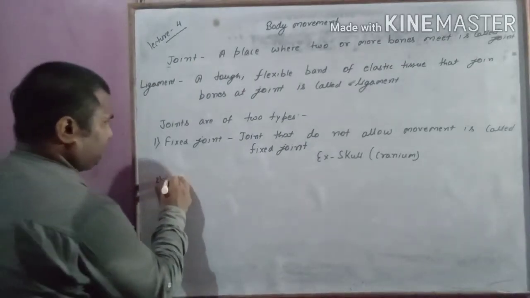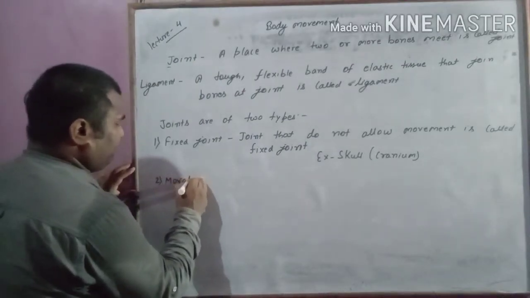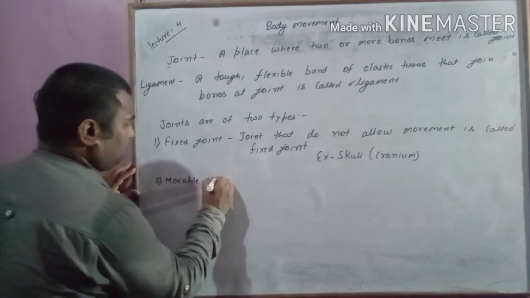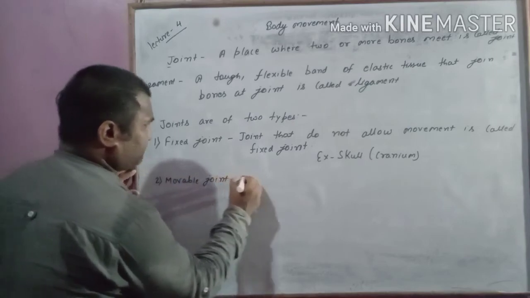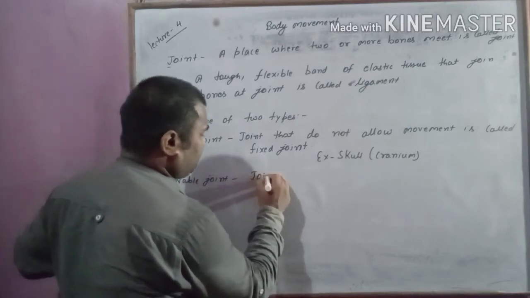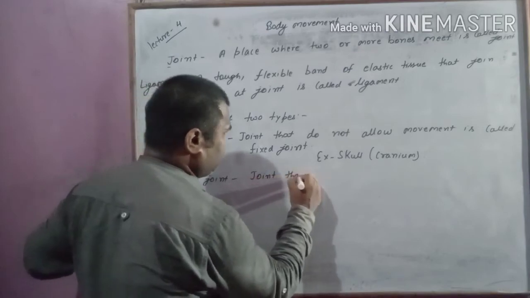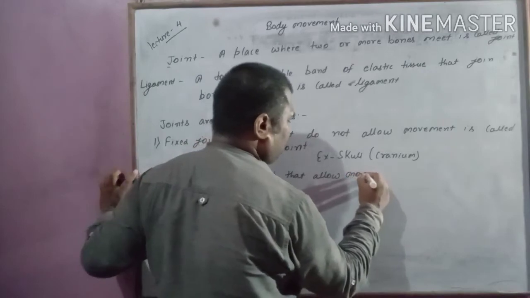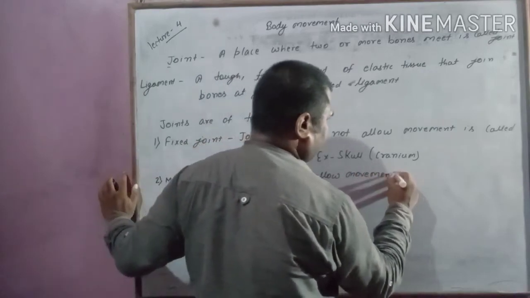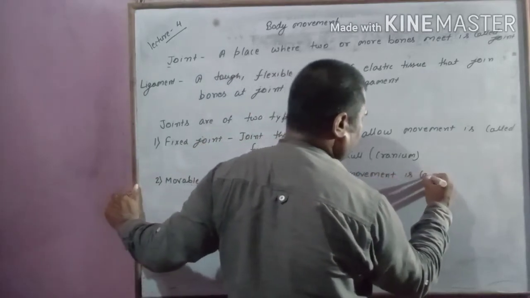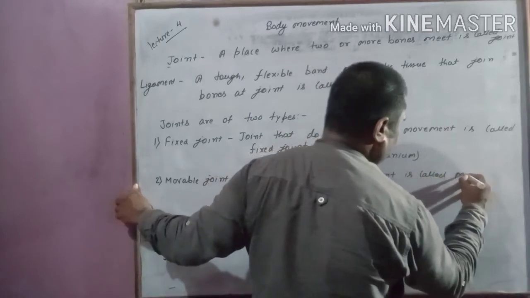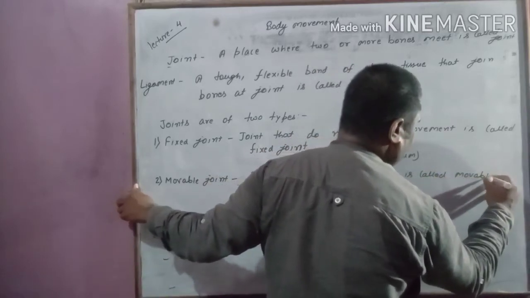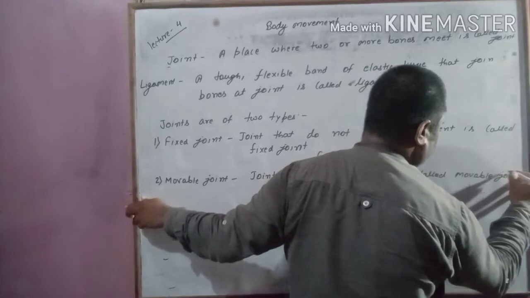Second, movable joint: a joint that allows movement is called movable joint.